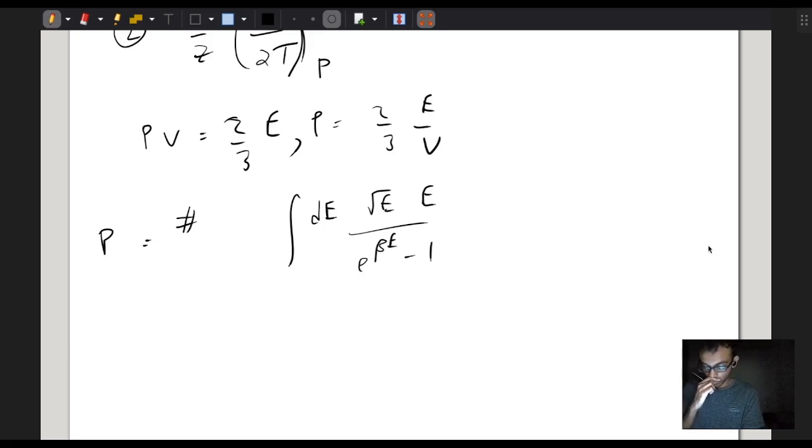We're going to get a dependence of T raised to the 5 by 2 here, and this is going to become x to the 3 by 2.